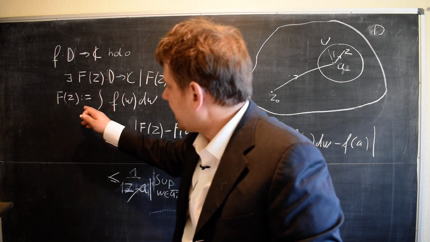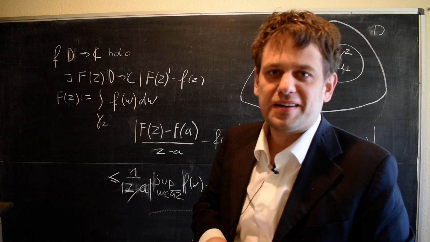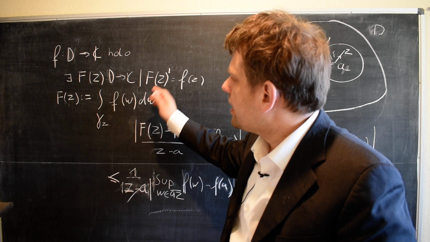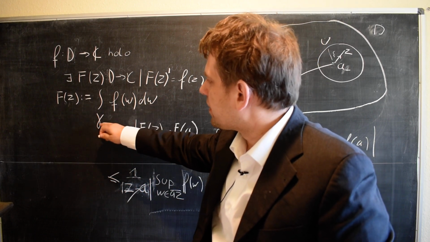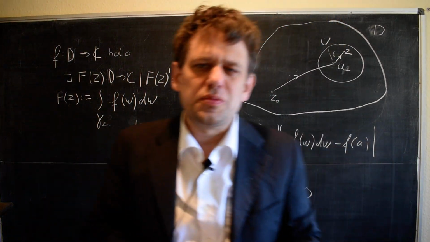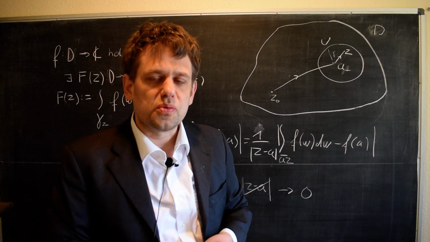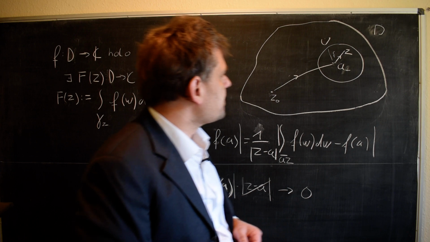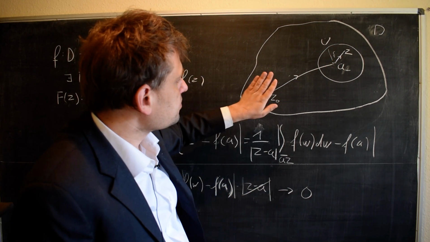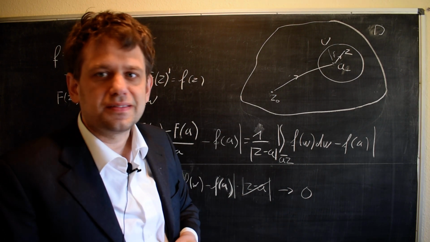We define F of z as an integral, which is not so surprising after all, of f(w) dw, and we are integrating along a way gamma_z. And what is this contour we are integrating? Well, this is the following. Inside our simply connected domain D, we pick an arbitrary point, which I have called z0.